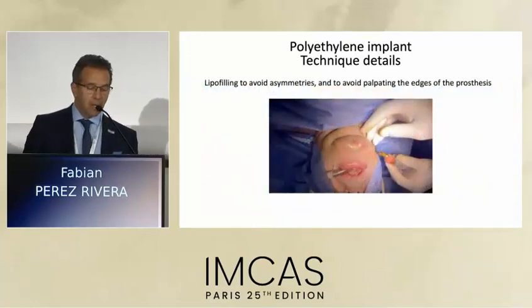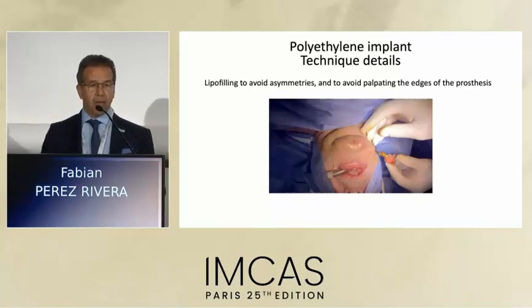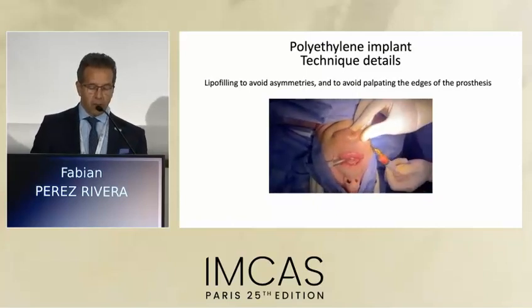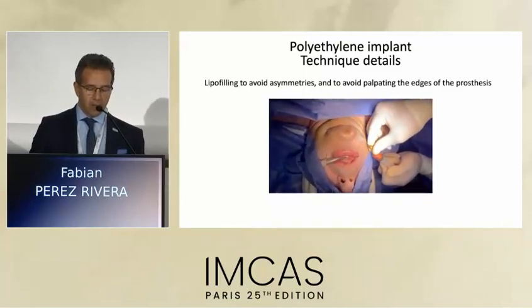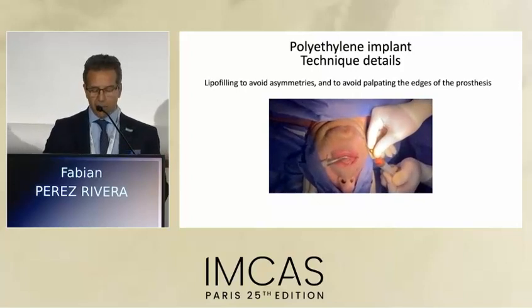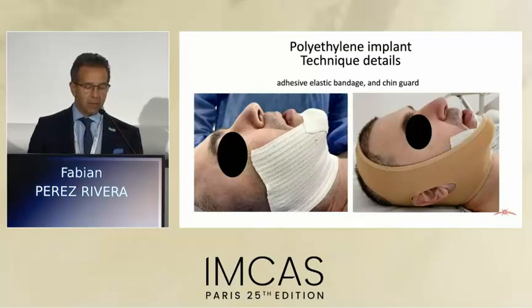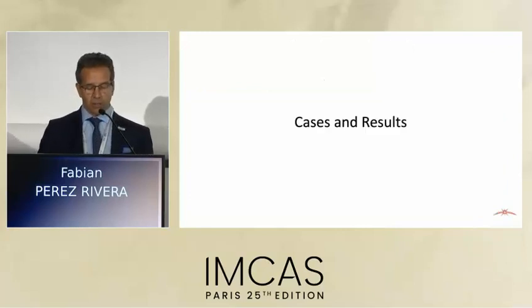And in some cases, if you don't have a correct plan, or you have any mistake, or the patient has a real asymmetry of the face, you can complete the treatment using, as all of us, fat graft. It's important for me to use this adhesive elastic bandage and chin guard to be sure you don't have any kind of implant movement during the first 2 weeks.